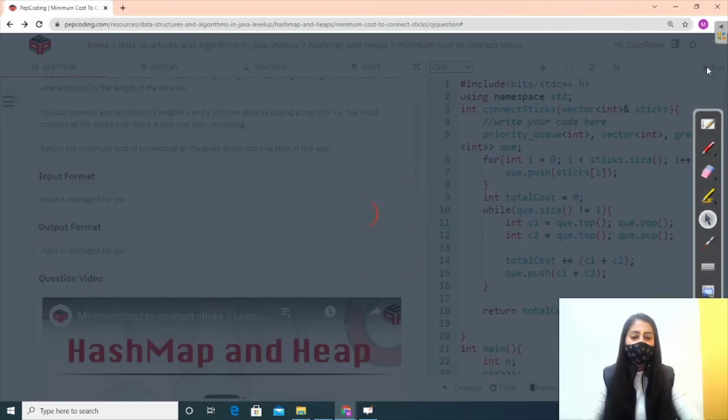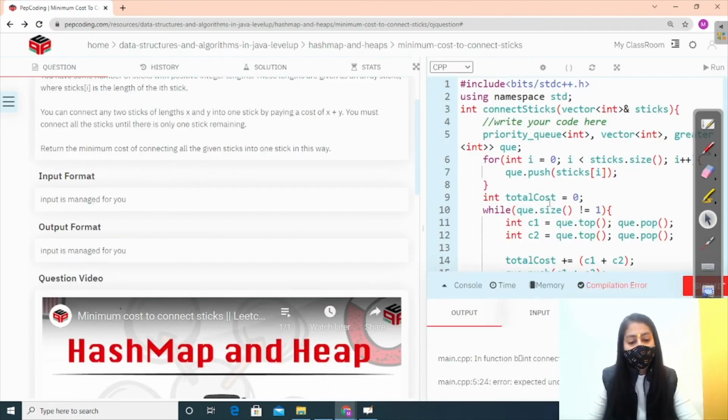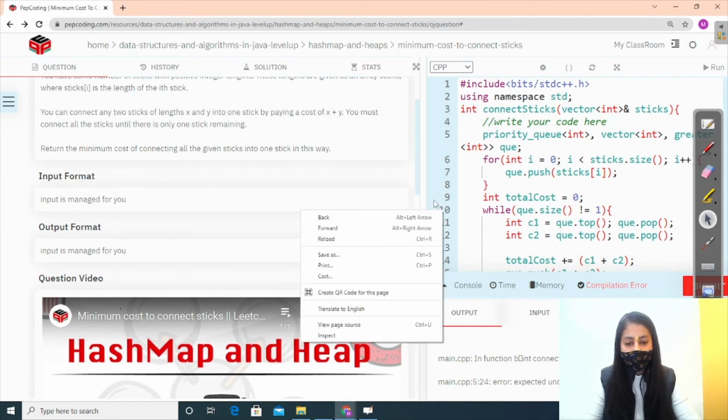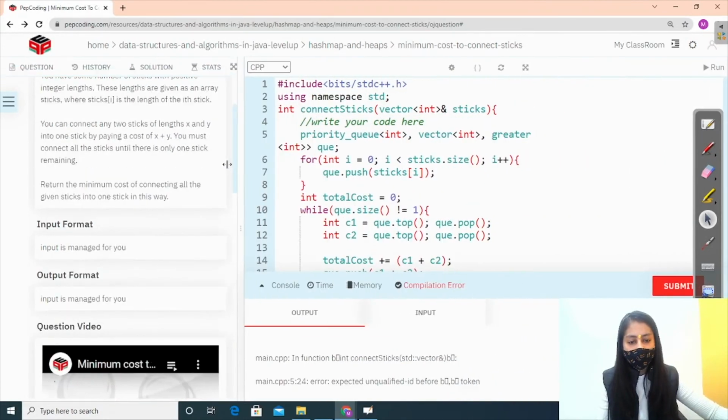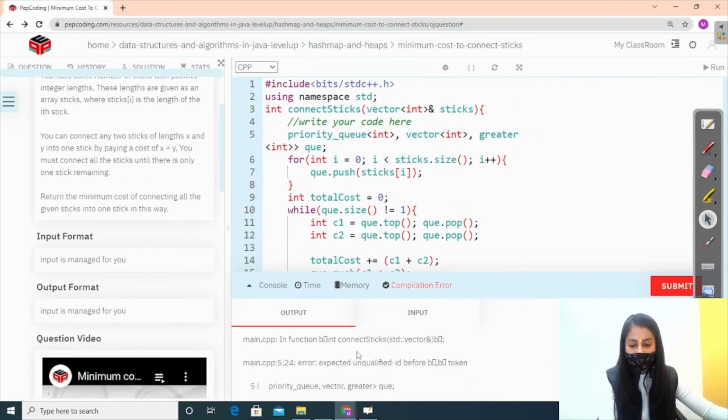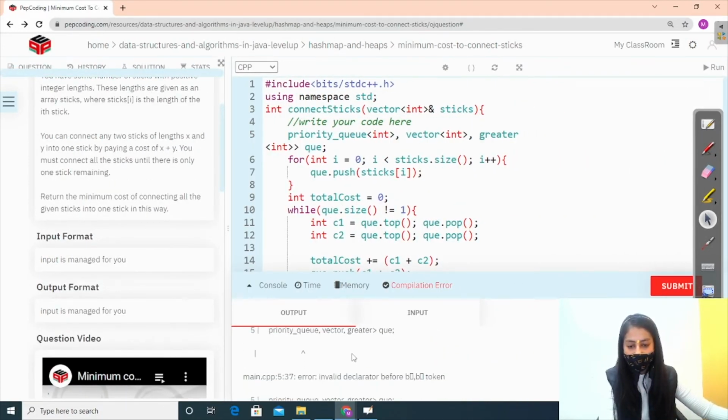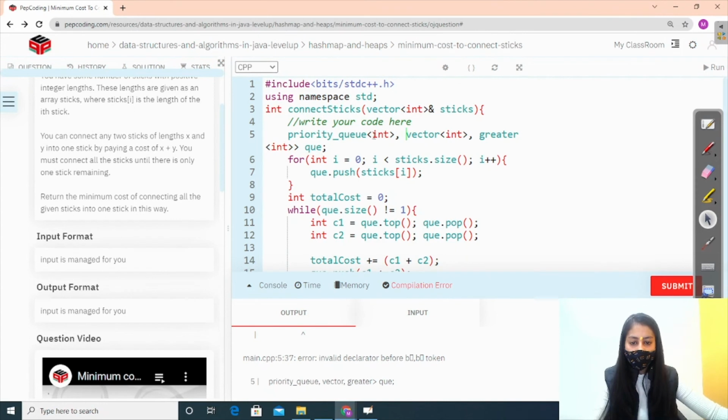Let's try to run this. We are getting a compilation error. Let's figure it out. It is in the priority queue line.